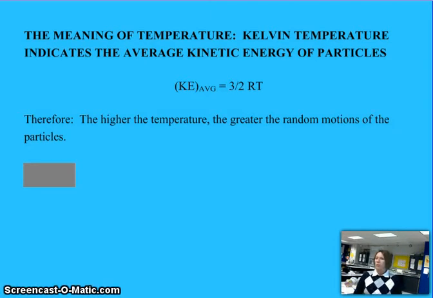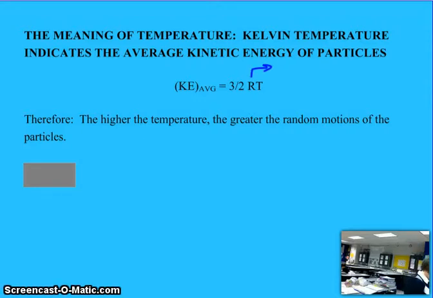I guess there's three. The first one is how we can calculate the average kinetic energy of a sample of gas. So this is not the kinetic energy of a particle, it's the average kinetic energy of all the particles in a sample of gas. And the equation that we use is 3/2 RT, where R is a different R than what we're used to.